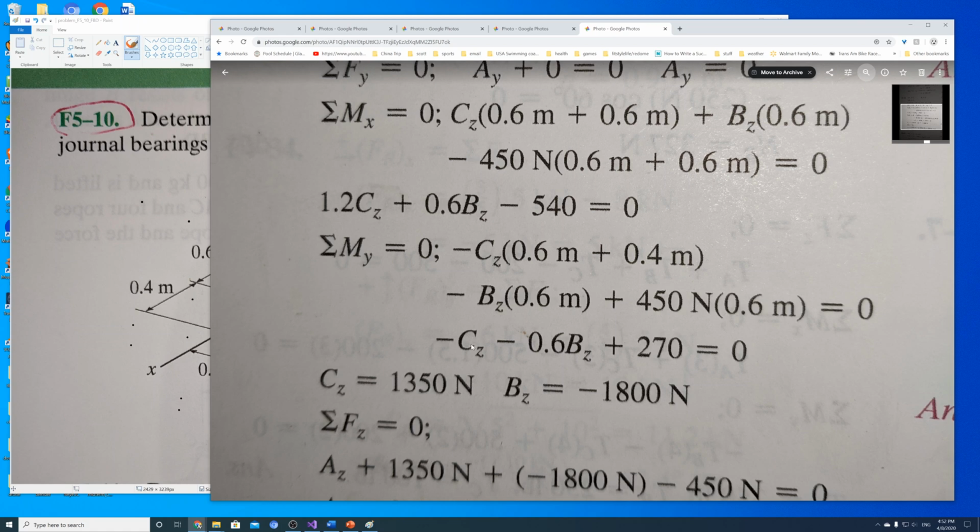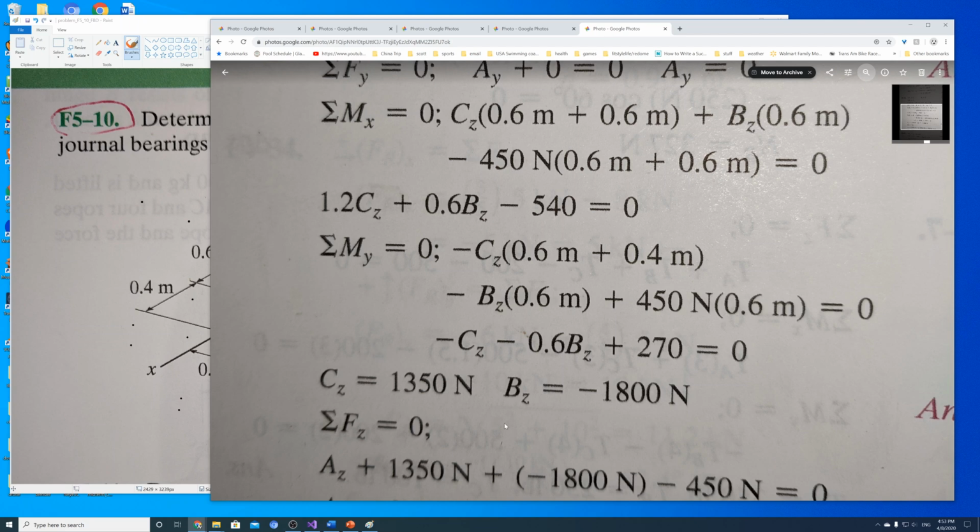So here's one equation right here. Here's my other equation. And I can use these two with simultaneous equations and solve for CZ and BZ.